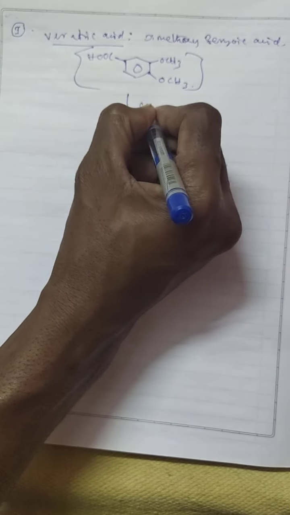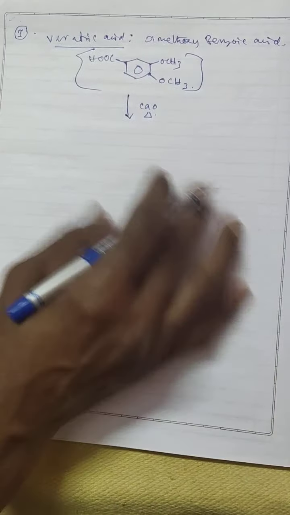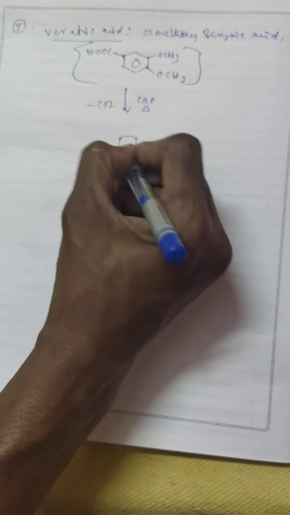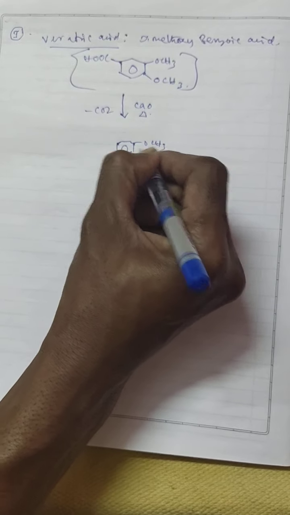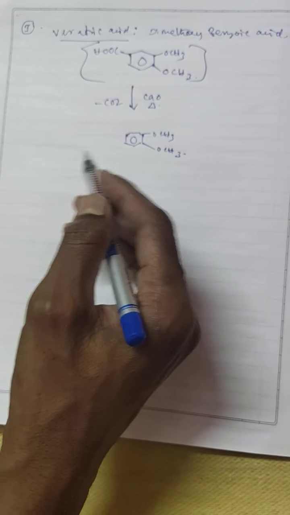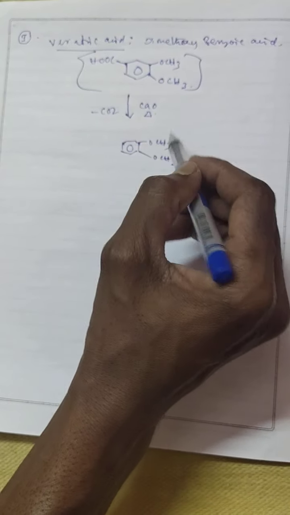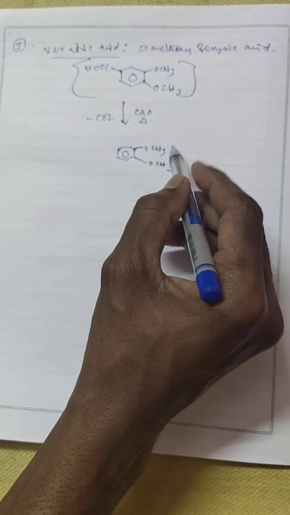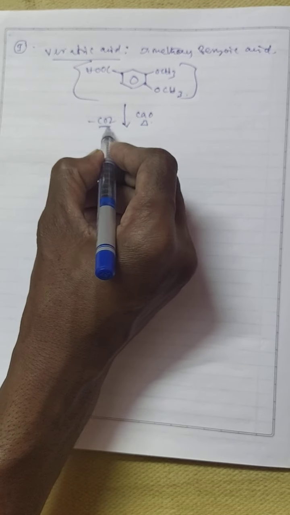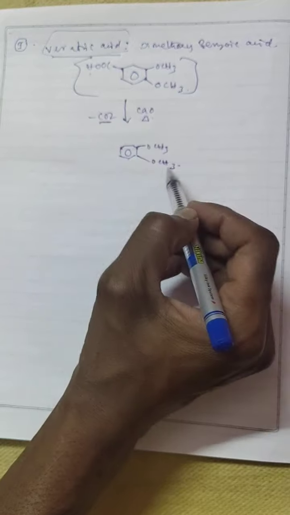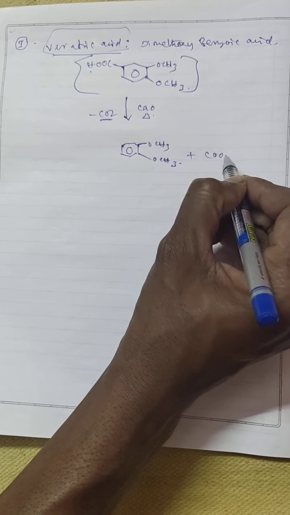Now when it reacts with calcium oxide on heating, what happens? The removal of carbon dioxide takes place, so it forms dimethoxybenzene. So what is the conclusion here? Since carbon dioxide is removed, valeric acid contains one acid group and dimethoxybenzene.